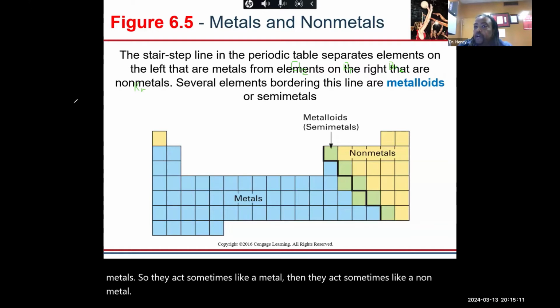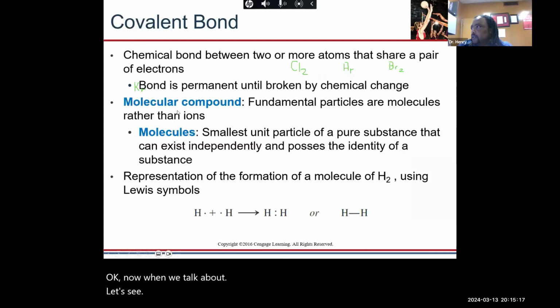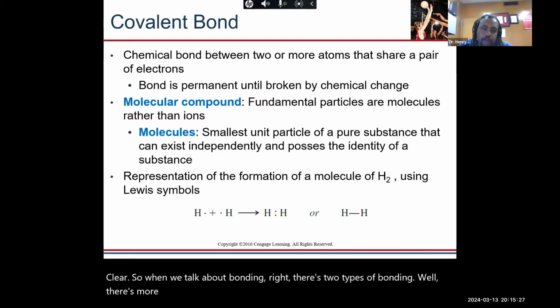Okay. Now, when we talk about bonding, there are types of bonding. Well, there's more than 2 types, and we'll talk about all of the different types. But one of the types of bonding is covalent bonding.